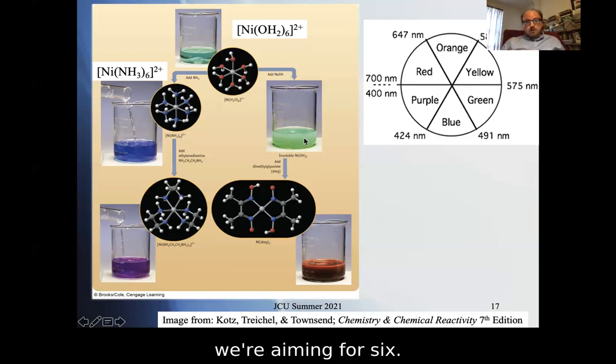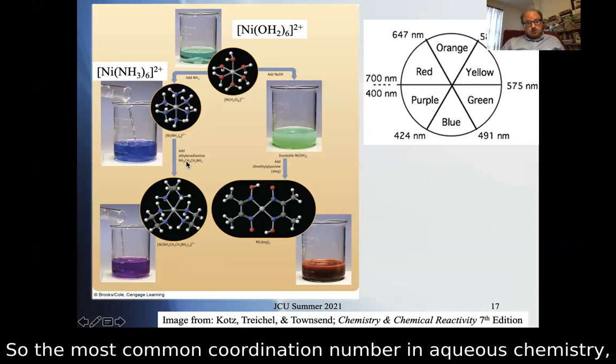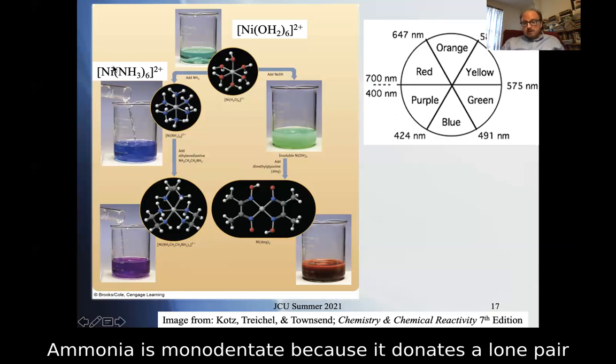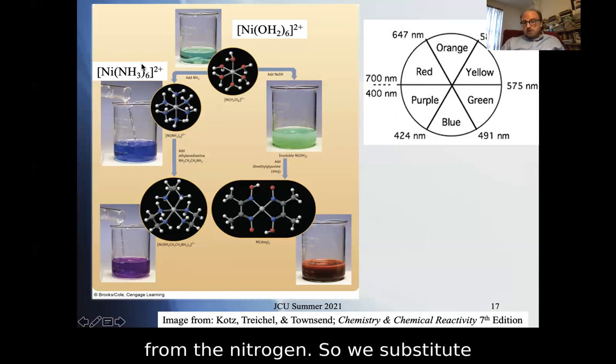But for right now, we're aiming for 6. The most common coordination number in aqueous chemistry of transition metals is 6. So we start with 6 waters. Ammonia is monodentate because it donates a lone pair from the nitrogen. So we substitute 6 waters for 6 ammonias.